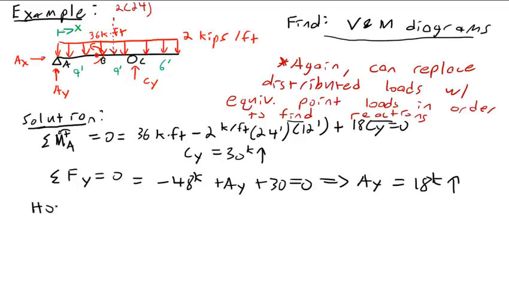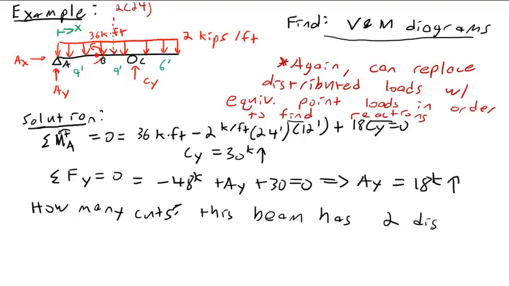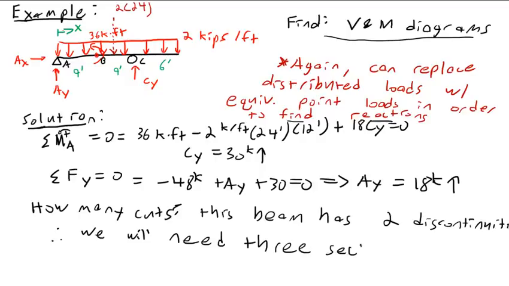How many cuts? This beam has 2 discontinuities. Therefore, we will need 3 sections, 3 cuts.